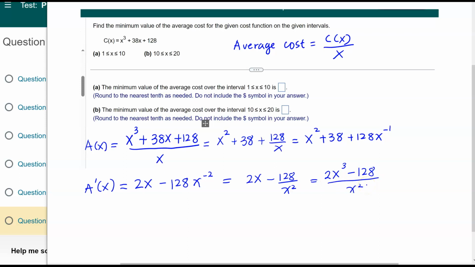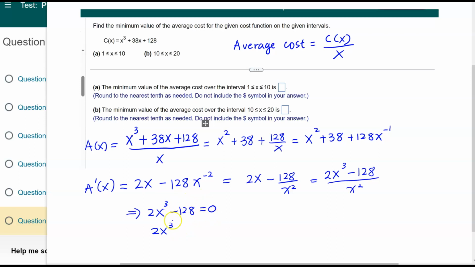Then you find the critical numbers. So to find the critical numbers, you're going to get the zeros of both numerator and denominator. So that means you equate the numerator, 2x cubed minus 128, to 0. And then you solve for x. So you have 2x cubed.